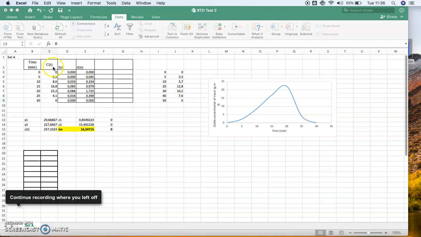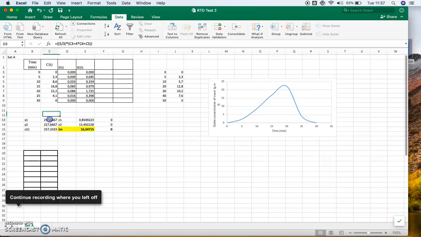Alright, so we make a new table, with time and C(t). You want to calculate E(t). Earlier we know that E(t) is equal to C(t) over the integral of the C(t) curve. This is the formula that I've already put in.